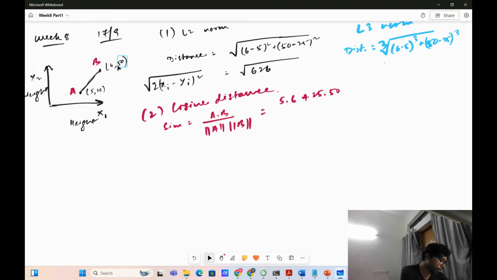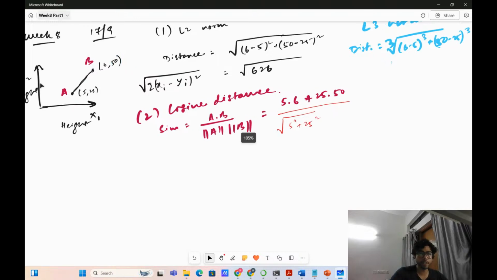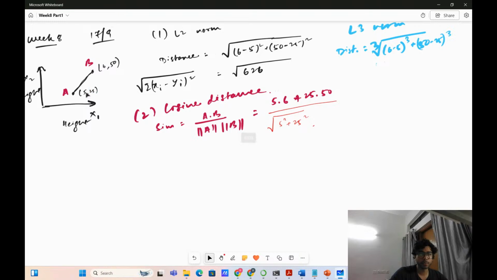So this is A dot B divided by mod A mod B. What is the mod of a vector? Mod is just the root of the x-axis square plus y-axis square. This is mod A. A is 5 comma 25, so root over of 5 square plus 25 square. That is the magnitude of A. Similarly, mod B would be root of 6 square plus 50 square.